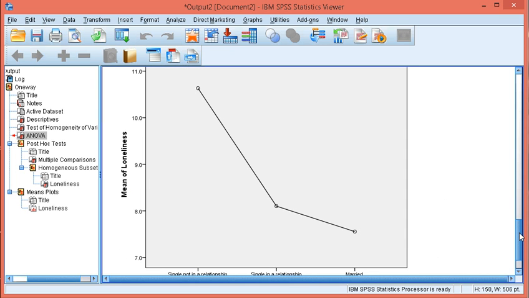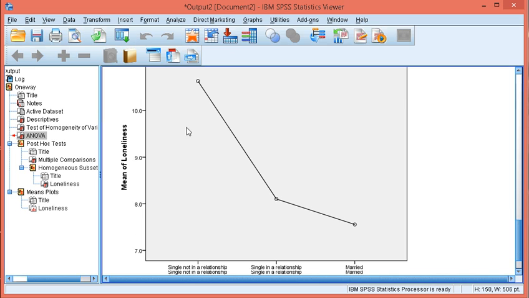The dots represent the mean loneliness of those who are single, not in a relationship. That's their mean, quite high. Single in a relationship, that's their mean. And married, this is their mean loneliness.